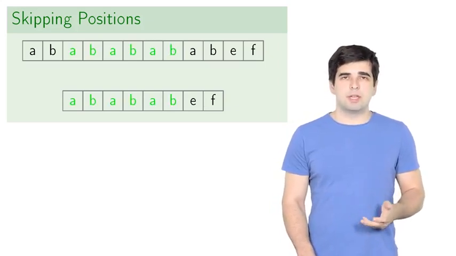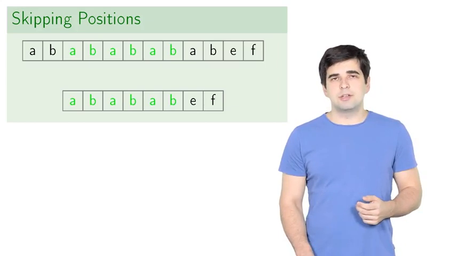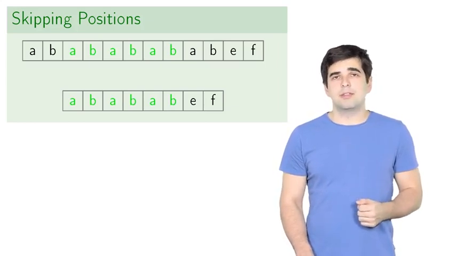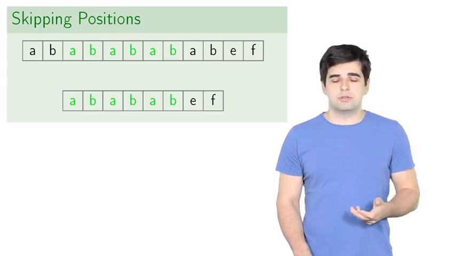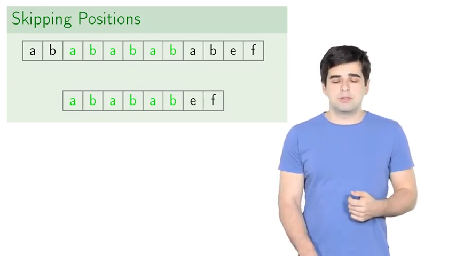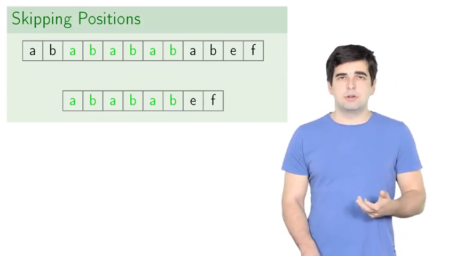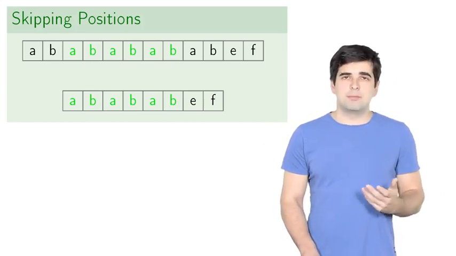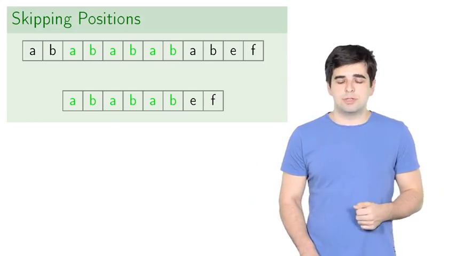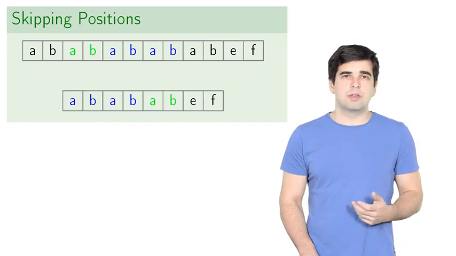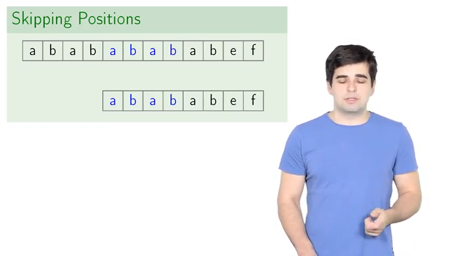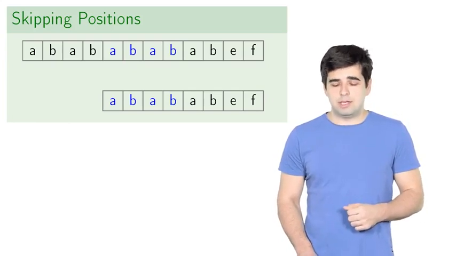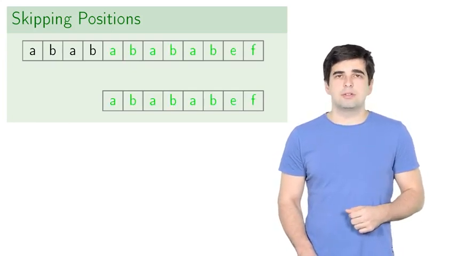And then we slide the pattern one position to the right, and we compare the first symbols and they don't match, so we slide the pattern again, and again no match, and again. We just slide the pattern, we compare the symbols, and if they don't match, we slide the pattern to the right, and then in the last possible position, we again find the occurrence of the pattern in the text. And so our output is a list of positions 0 and 7, and those are all the positions where the pattern occurs in the text.